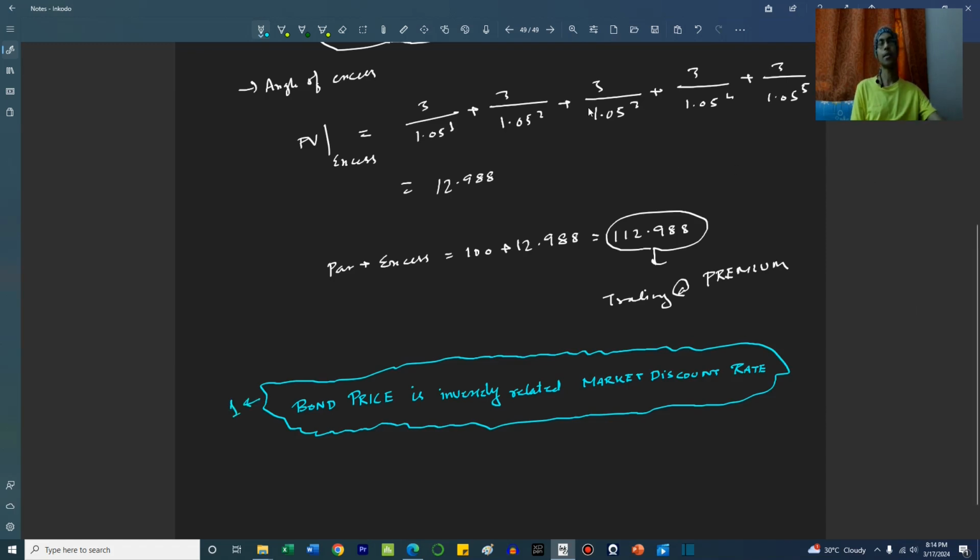Now let us go to the second postulate. Let's say there is a bond which matures in 5 years. The bond is issued at 100% of par. It has a coupon of 10%, that is $10. Now initially the market discount rate was 7%.